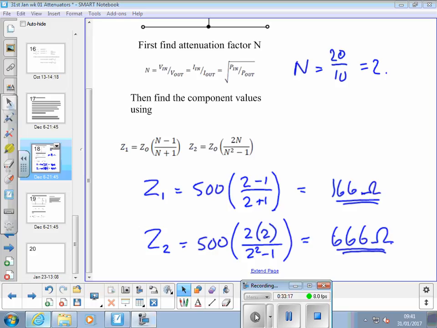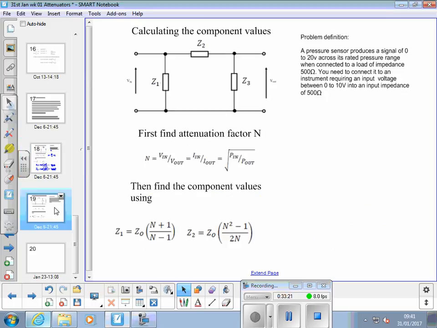Okay. So those are the calculations for the pi-type design.